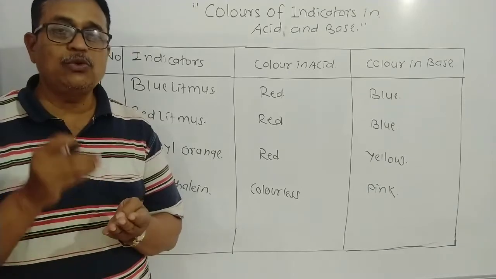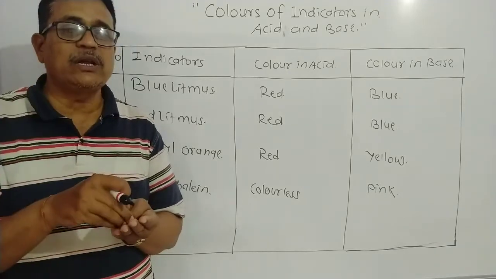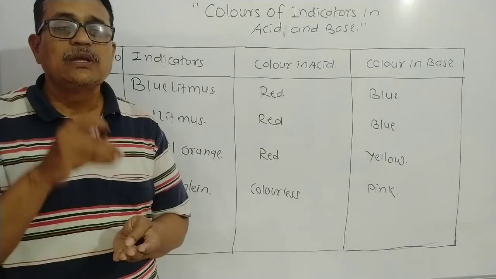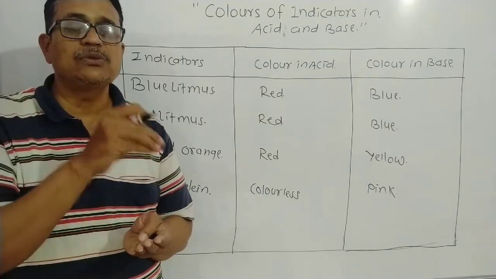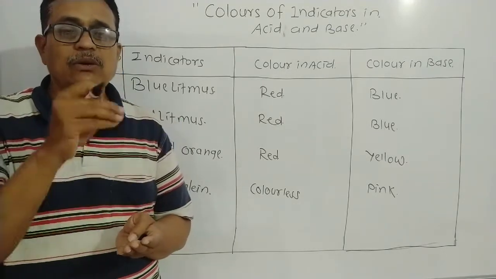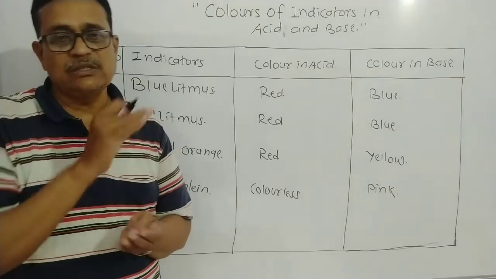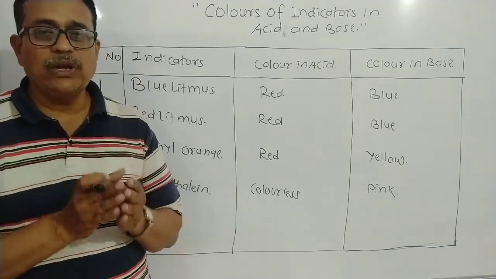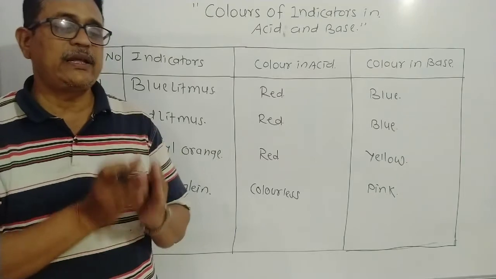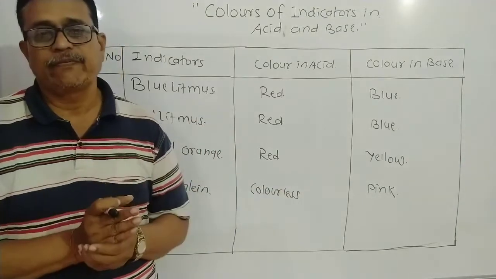We put 2 or 3 drops of methyl orange in both test tubes, and the color of the solution changes on dropping the methyl orange. Then which is the color in acid, and which is the color in base?